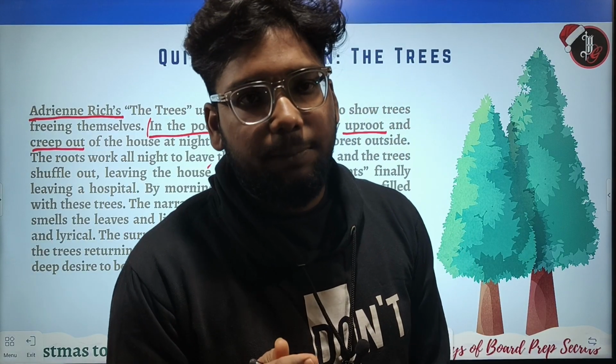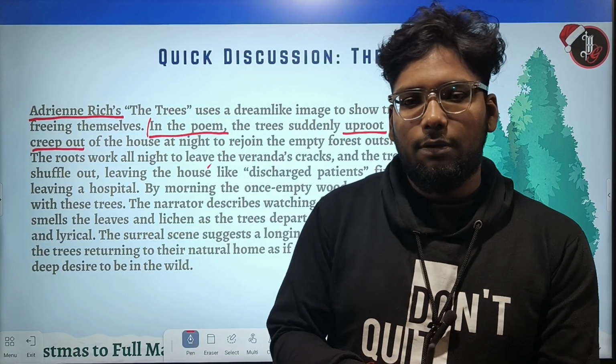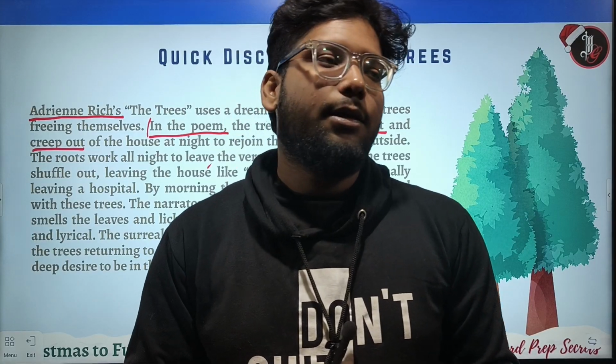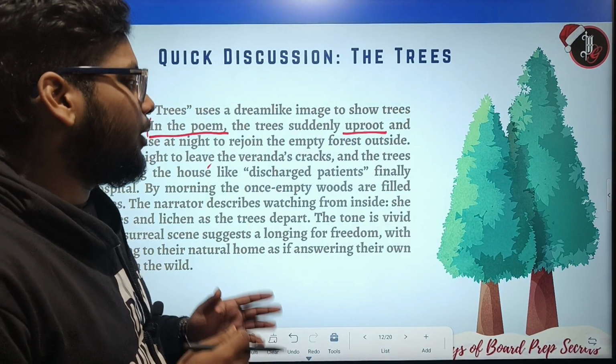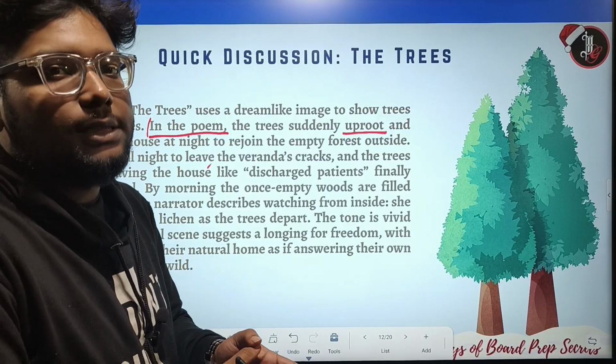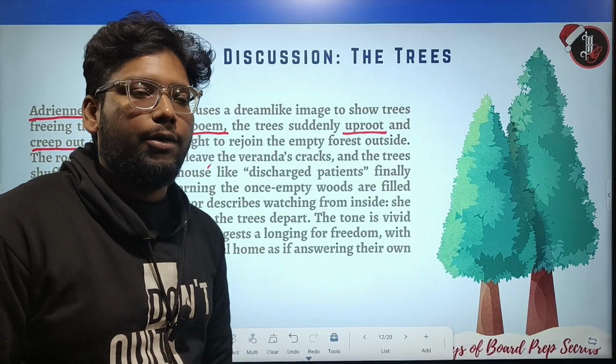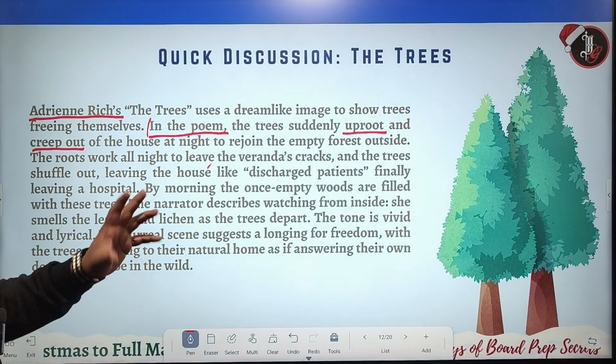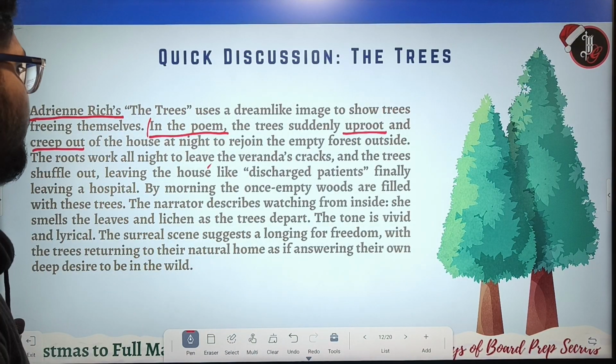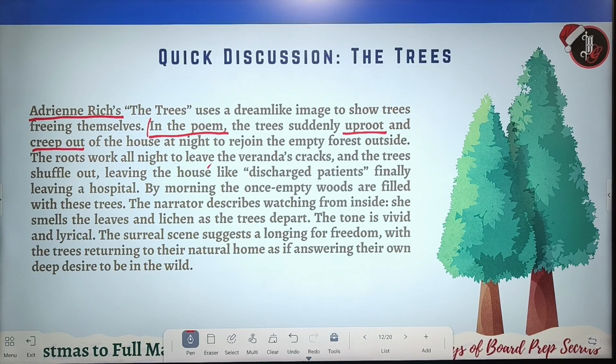That's the forest, right? If we cut a tree from the forest and put it in our bedroom, that's not right. Due to that, the trees suddenly uprooted themselves and started creeping out of the house to the empty forest nearby. This is the whole thing basically of the poem. The poem circles around all these things.